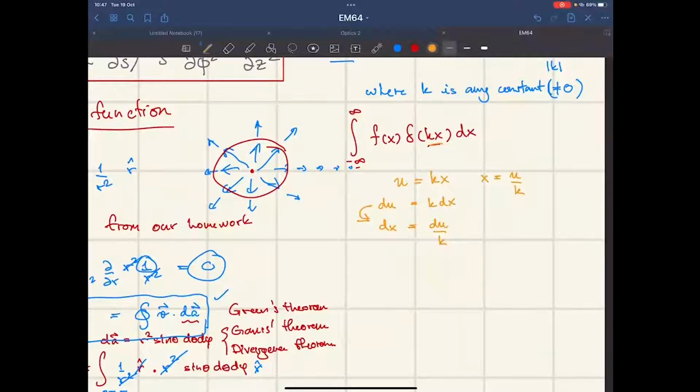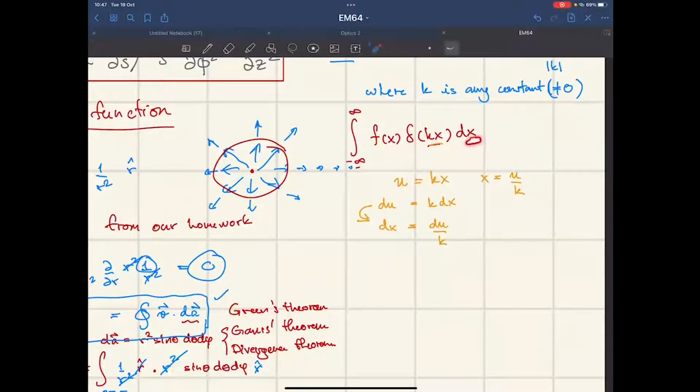Every time you change the integration variable, you have to reconsider your limit of integration. Our x is from minus infinity to infinity, right?